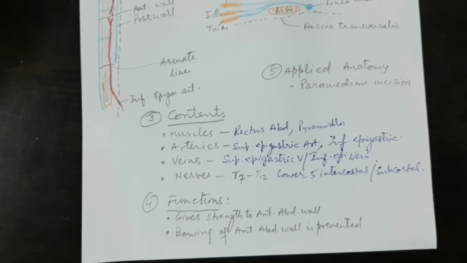But there is an important muscle on either side of the midline, the rectus abdominis, and this is enclosed by the aponeurotic tendons of these three muscles, which provide a sheath in which the muscle is enclosed.